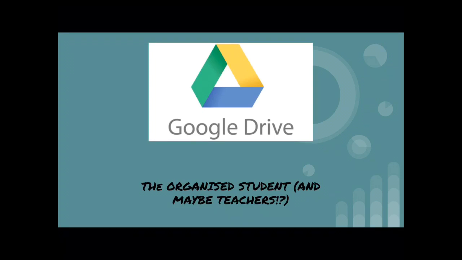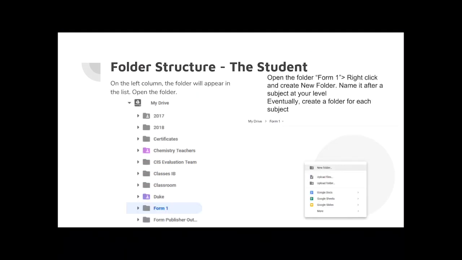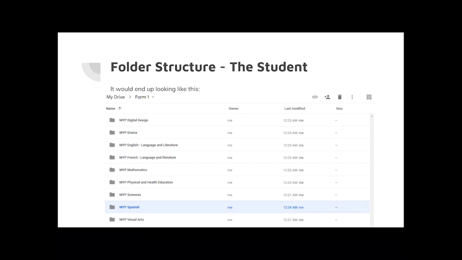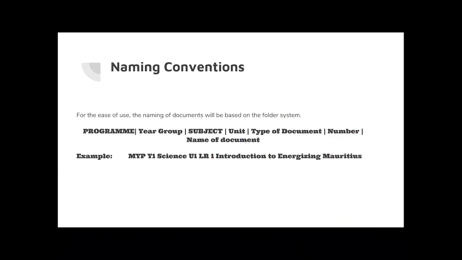So just quickly going through, this presentation will be made available to you in the folder on the Google Classroom documents. Last year we were looking into creating all the folders and a similar sort of arrangement, but most importantly we were looking at the naming convention.